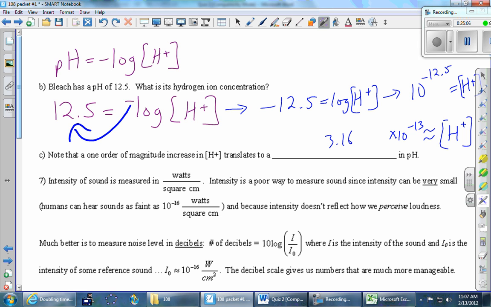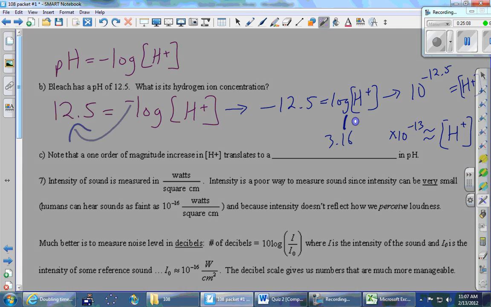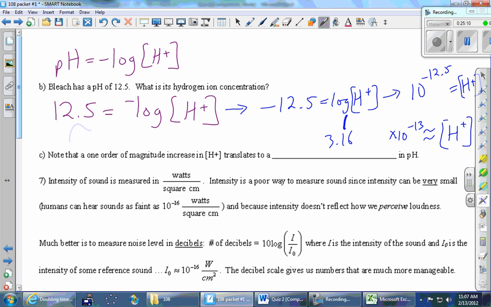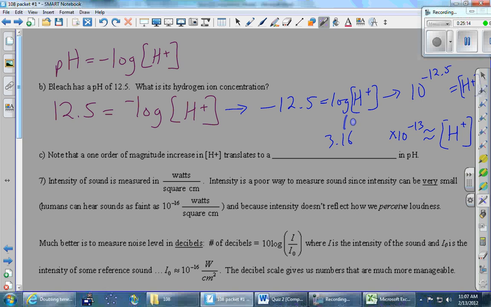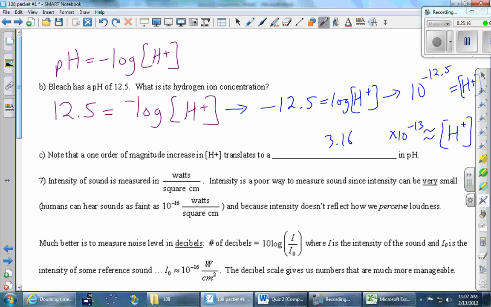And then the definition of log, remember there's an invisible 10 sitting there. The definition of log is 10 to that number equals the H plus. That's like our pattern for logs. So 10 to the negative 12.5 equals H plus. That's it.